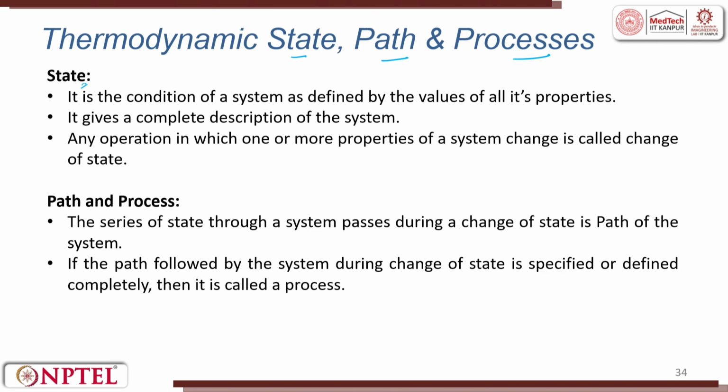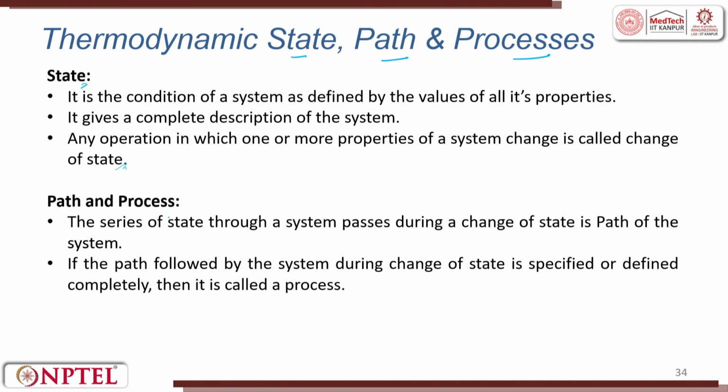It gives a complete description of the system. Any operation in which one or more properties of the system change is called a change of state. From one to the other is called a change of state. For example, solid to liquid is a change of state.